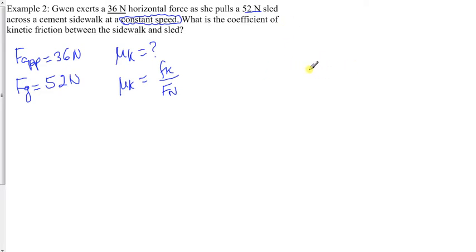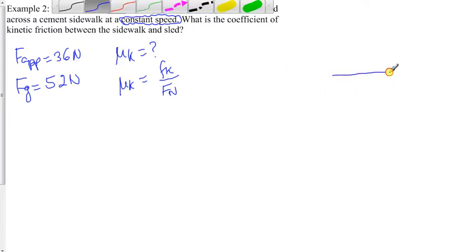free body diagram. So I have a sled that is pulled on a cement sidewalk. Let's say this is the sidewalk, and this is the sled here. Now I draw the forces acting on the sled.